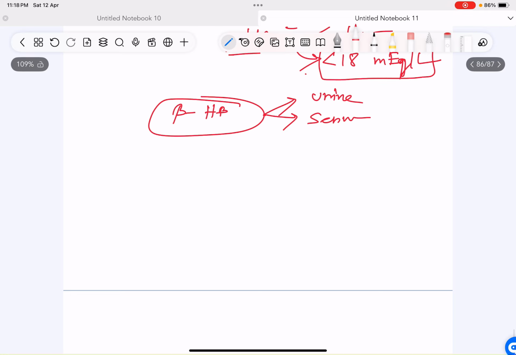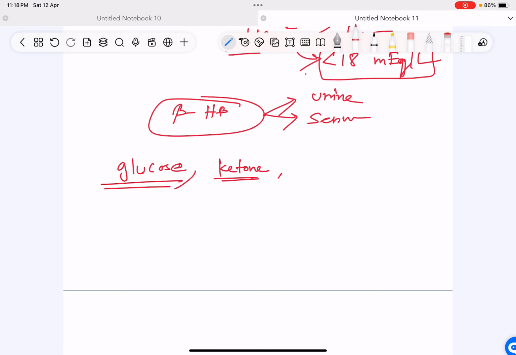So first, glucose should be more than 250, so diabetes is confirmed. Ketoacidosis: for that, ketone bodies must be present. Acidosis: we check the arterial pH, it should be less than 7.30, and it is a high anion gap metabolic acidosis, so your bicarbonate will be low, less than 18.